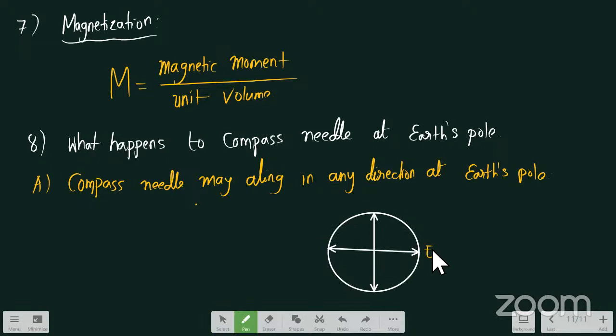At this particular point, the magnetic field will be perpendicular to the surface. So the horizontal component of the magnetic field will become 0. Due to that, the needle will oscillate in any direction. We can't say one particular direction. But in the other direction, it will dip downwards. If you are able to write this till here, it will be more than sufficient.